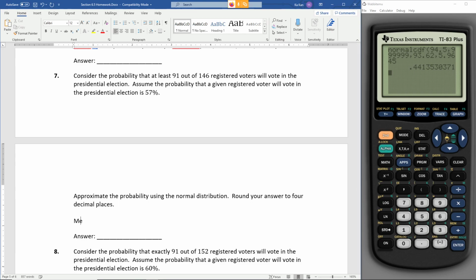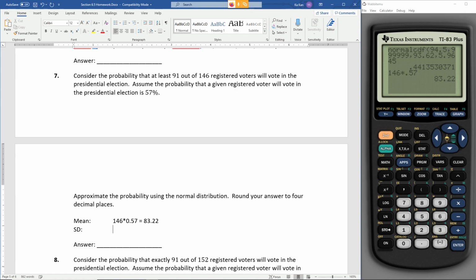So now the question: what's the mean? The mean is 146 times 0.57, so that should be 83.22. What's the standard deviation? That would be the radical.